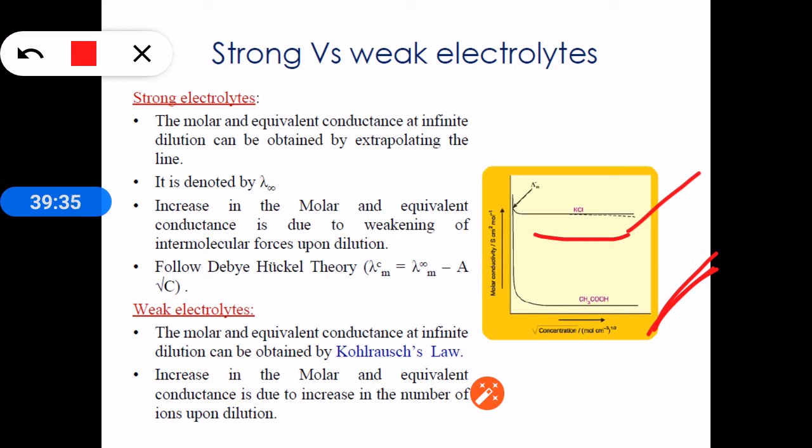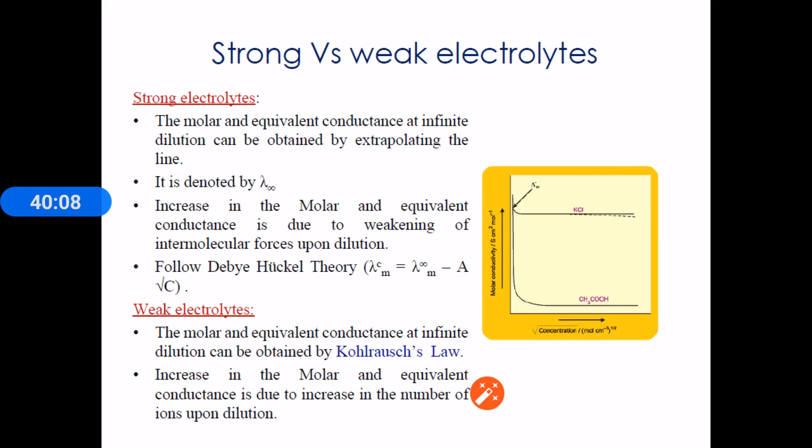Whereas in the case of strong electrolytes, they already have a high conductance value, but still their conductance value is increasing gradually, and the cause for this increase in the conductance is not explained by Arrhenius theory. So Arrhenius theory is applicable only for weak electrolytes, whereas it is not applicable for strong electrolytes. And to explain the conductance behavior of strong electrolytes, another theory called Debye-Huckel theory is proposed, that we shall discuss in the next video.